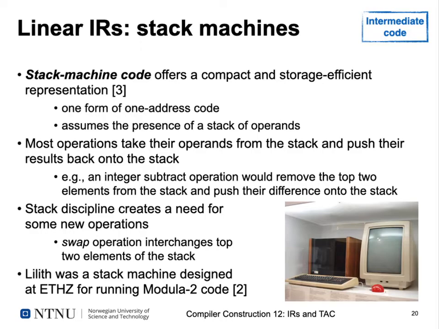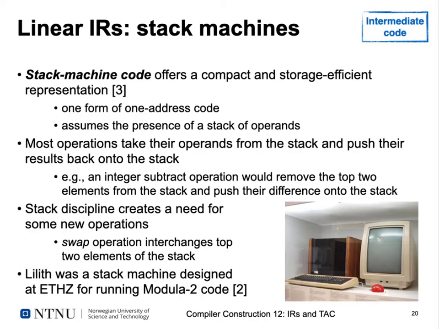If we need to keep to the stack discipline, we have a need for some new operations. For example, a swap operation interchanges the top two elements of a stack, or we can have additional operations to just drop the top element of a stack to throw it away, because we won't reuse its value, but we need the values further down in the stack.